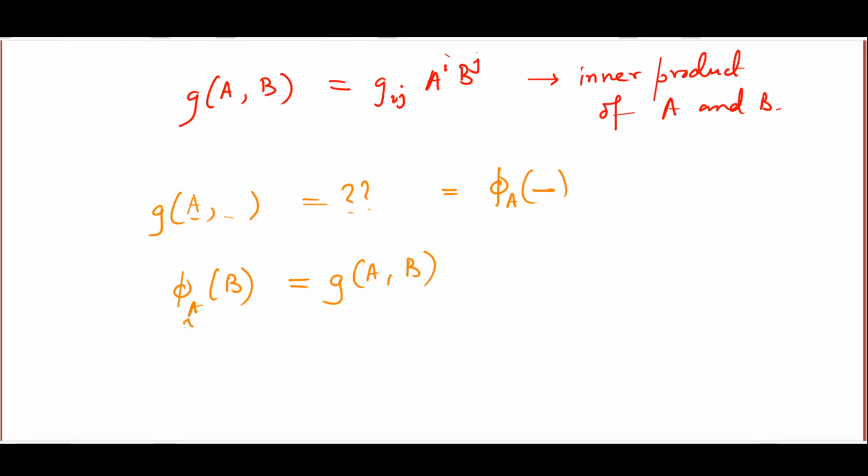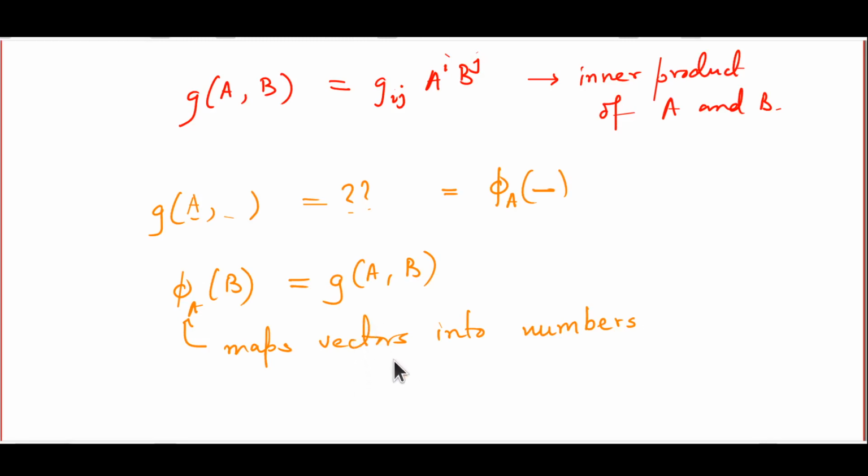So what does phi_A do? This maps vectors into numbers, right? It takes the vector B and returns to you the number G(A, B), the inner product of A and B.